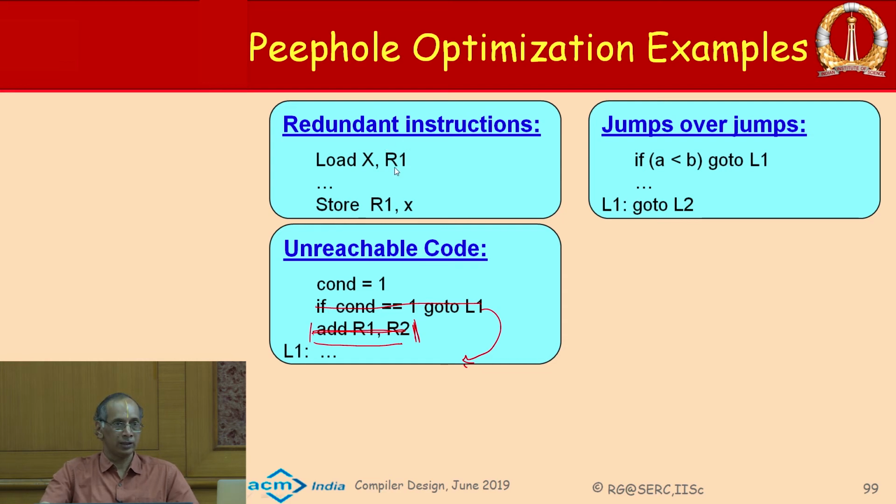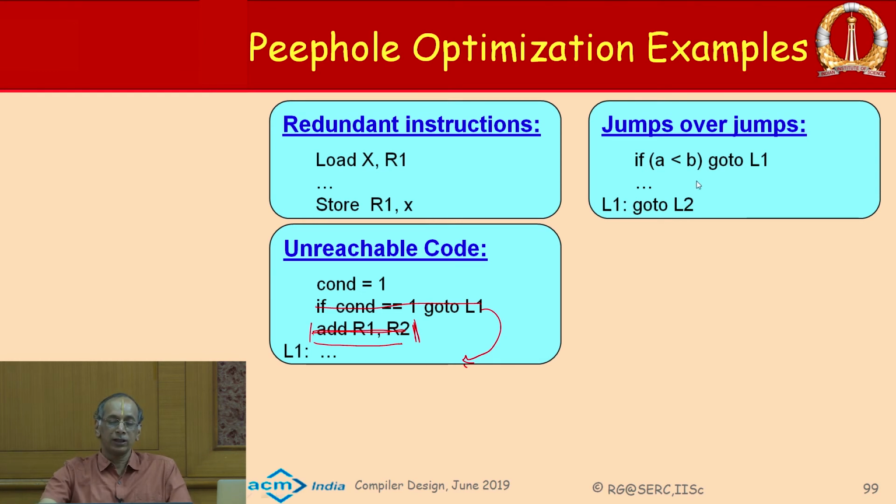If you are doing that, it may be the case that I have been loading and again I am trying to spill. In between there were no modifications that were done. If there are no modifications that were done, then there is no reason to store it. So, this can be eliminated. So, there are these opportunities that do arise, and typically a simple peephole optimizer pass which repeatedly goes through this code cleans this up.